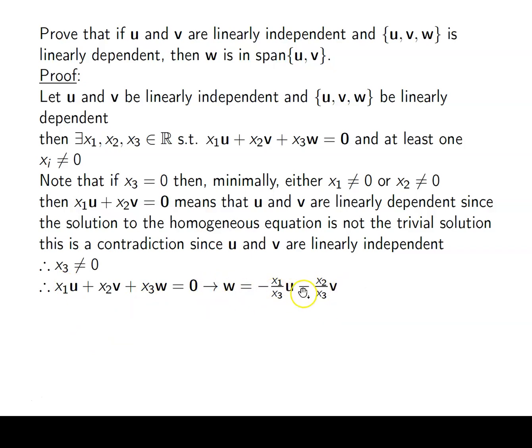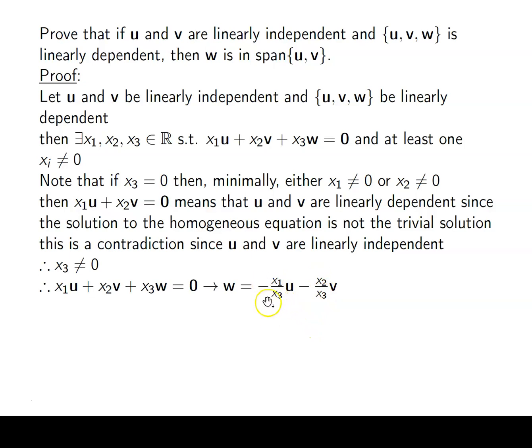What's x1 over x3? I don't know, because it's not an example. But remember, x1, x2, and x3 are constants, and x3 is not 0. A constant over a constant is a constant.